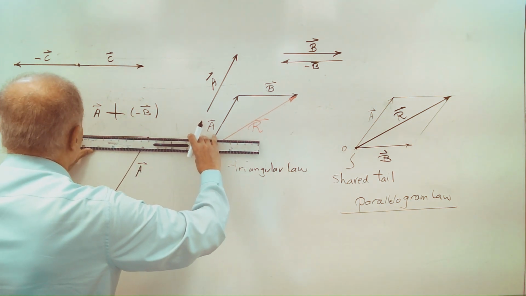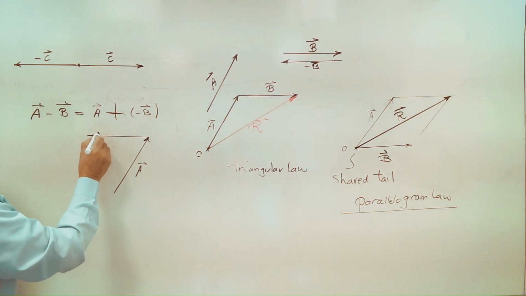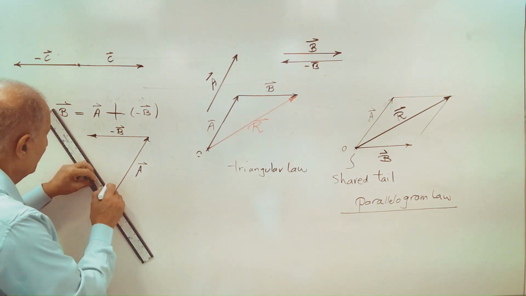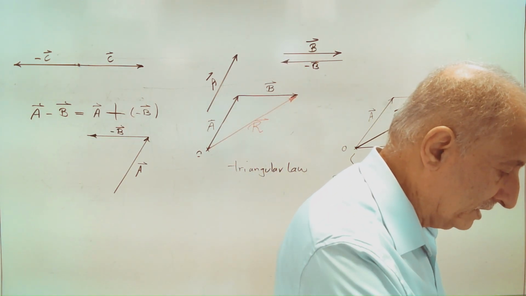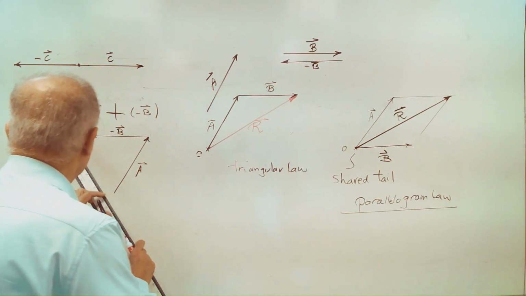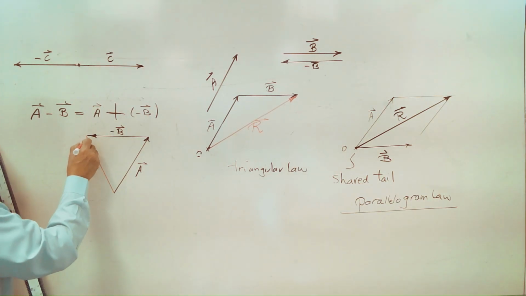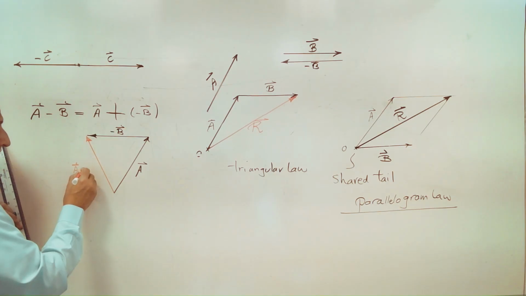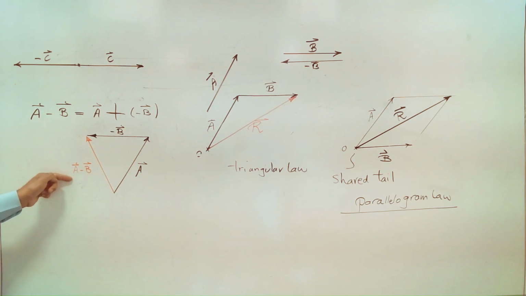I just add A to vector minus B. And the tail of the first to the head of the last shows the addition, and the other way shows the subtraction. This is vector A plus minus B, that we can write as minus B. That's the resultant of A minus B here.